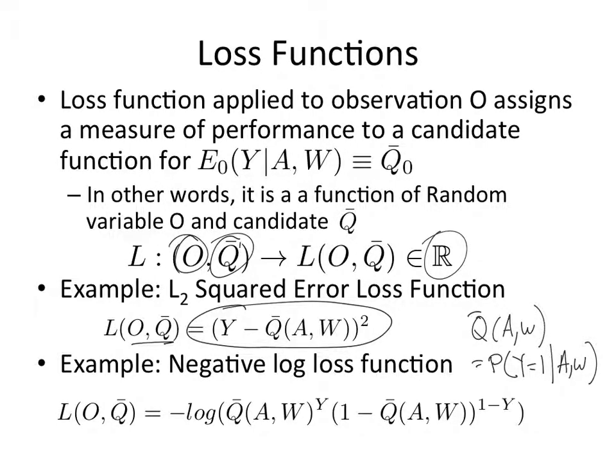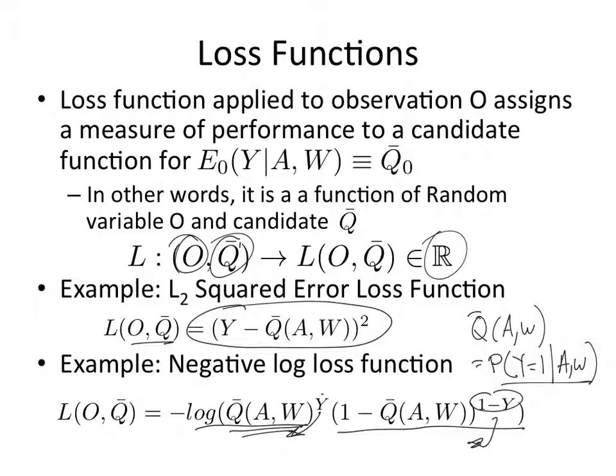And therefore the likelihood of a binomial observation Y is this. If Y is 1, then this is the probability, raised to the 1, so you just get that. And if Y is 0, well, it's 1 minus that, and you get 1 minus this, raised to this power. So this term only comes up when Y is 0, and this term only comes up when Y is 1. And it's the probability of observing that Y. Then you take the log of it. That's the log likelihood for a binomial.